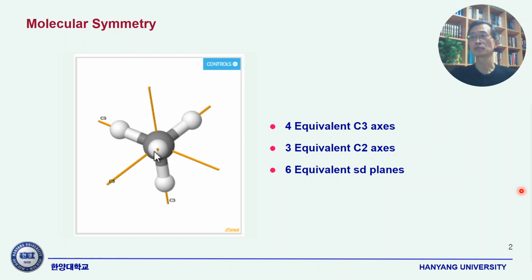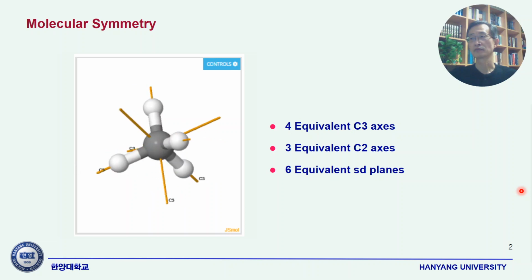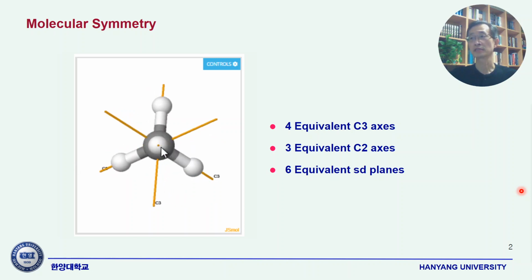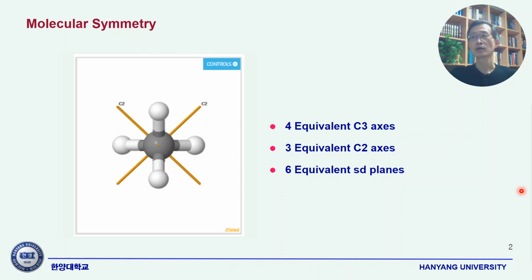Okay, so this is one C3 axis, but you have 1 axis, 2 axes for each hydrogen atom, 3 axes and 4 axes there. So there are 4 equivalent hydrogens, 4 equivalent C3 axes, and then also there are 3 equivalent C2 axes, which means a 180 degree rotation.